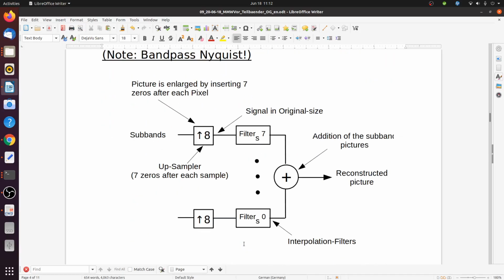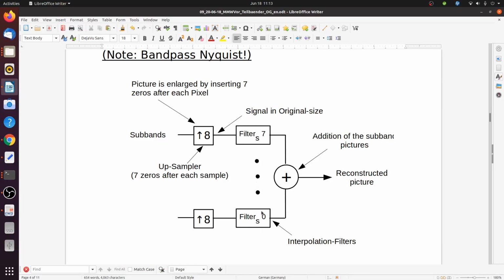So this can be seen here. We have the upsampler here for the synthesis filter bank on the decoding side, and this upsampling consists of taking each sample and adding 7 zeros after each sample, if you want to upsample by 8. This reconstructs the original image size then. And then this is followed by, again, filtering.